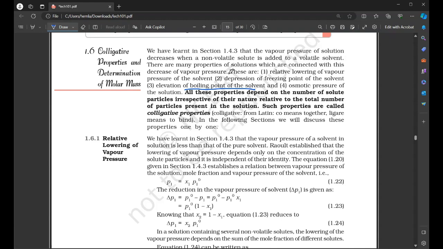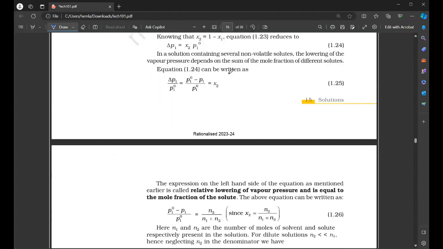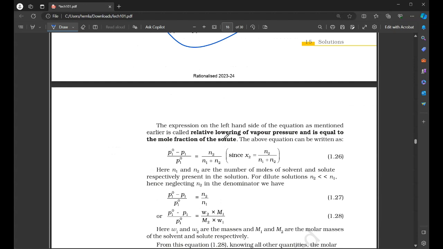In a solution containing several non-volatile solutes, the lowering of vapor pressure depends on the sum of mole fractions of different solutes. Delta P1 upon P1 naught is equal to the mole fraction, and this is where the relative lowering comes.